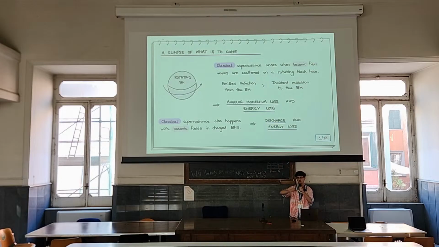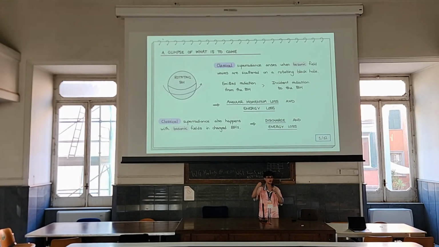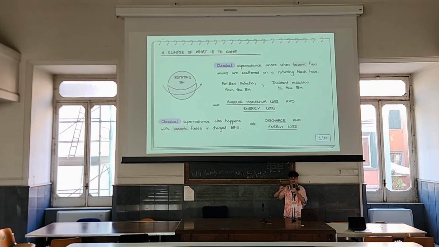That happens for bosonic fields in rotating black holes. However, today I'm going to work with charged black holes, where a similar thing happens, just that instead of losing angular momentum and energy, what the black hole loses is charge and energy.